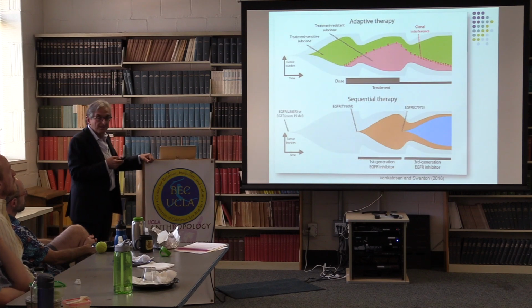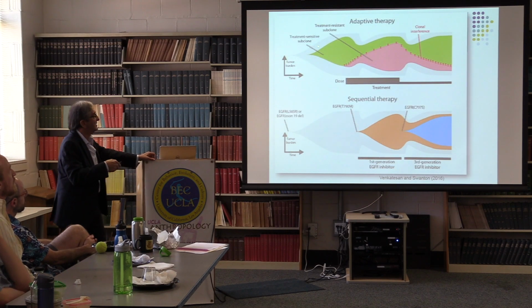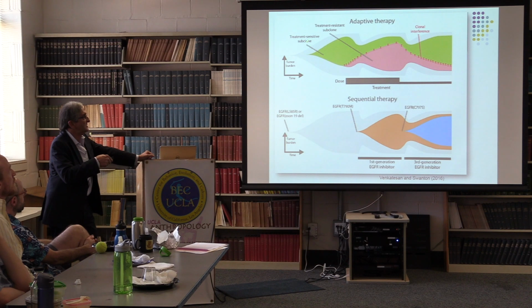So this is what you get when you follow adaptive therapy. You start here with a treatment-sensitive subclone, which is still the majority, and then you treat it, and you diminish the sensitive subclone, and the resistant subclone increases. This is while you're giving therapy.